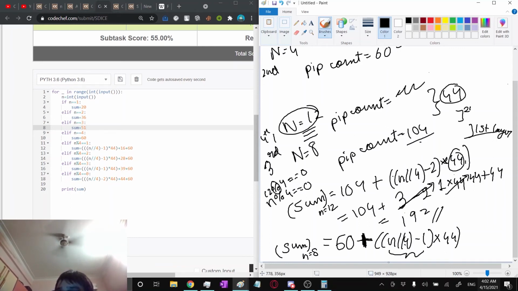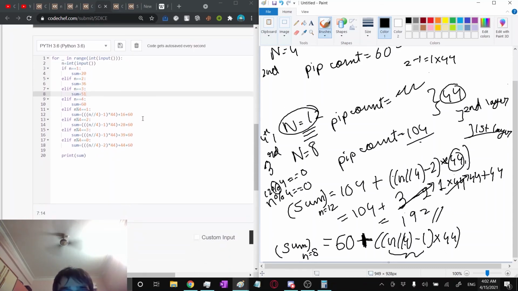So let's skip the first layer. It will start from the second layer. For the second layer, our condition would be 2 minus 1 equal to 1 into 44. So for the second layer, we will add 44 to it.